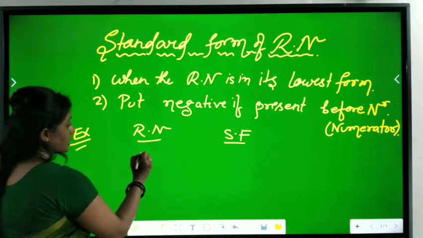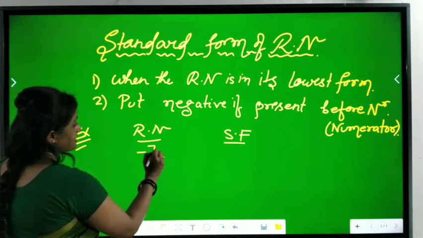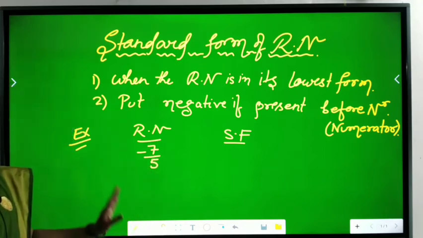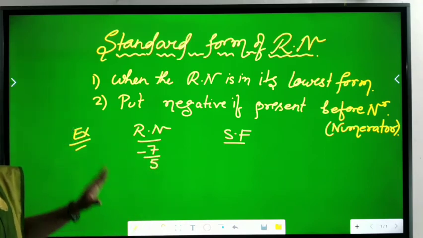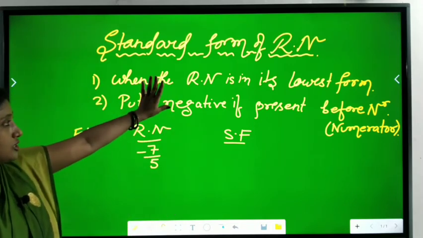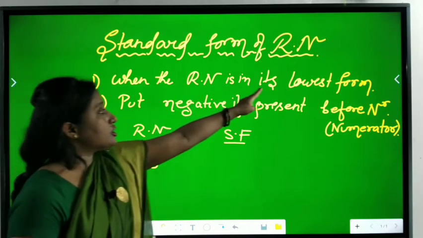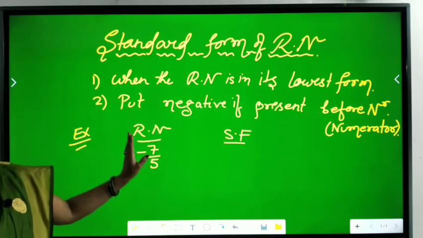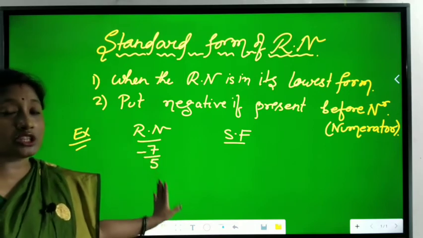Okay, just see. If I am giving you minus 7 by 5, then what is the standard form of this rational number? To change it into a standard form, you have to check these two criteria. Check if the rational number is in lowest form or not. So 7 by 5, we cannot get anything common between these two numbers.